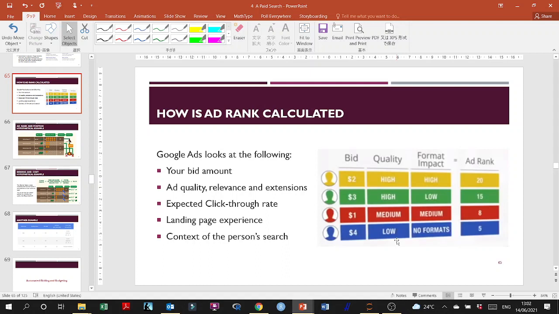So all these quality things that we talked about, the three pillars: the landing page, the expected click-through rate, the past click-through rate, the relevance with the search term, with your keywords, with your landing page, with your ad copy, and ad copy with the landing page, and all that. So we talked about all this. And the extensions, the format impact. The format impact here is the extensions. So all these three ingredients together give us a certain ad rank.